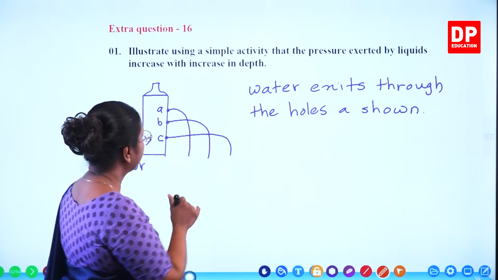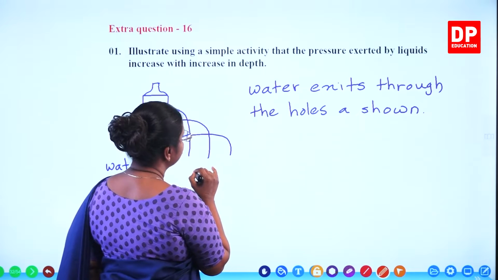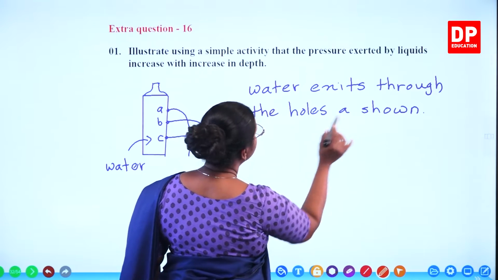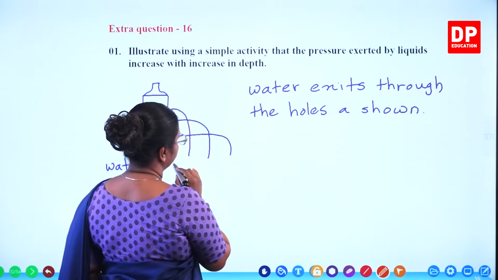So there, of course, I can write the explanation. Water exits through the holes as shown.